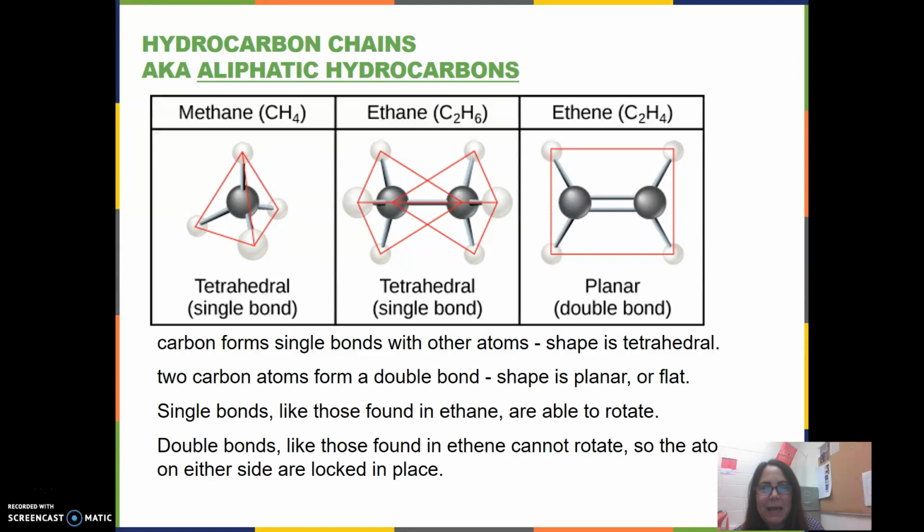And then some other gases, ethane and ethene, have different numbers of carbon and hydrogen atoms. These are, by the way, aliphatic hydrocarbons. I know that you may see that term in your questions. These are aliphatic hydrocarbons.